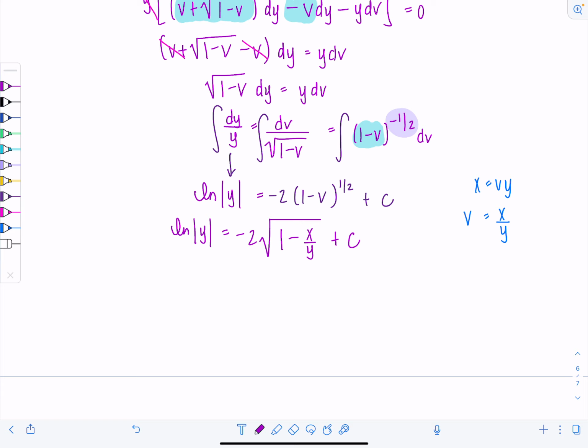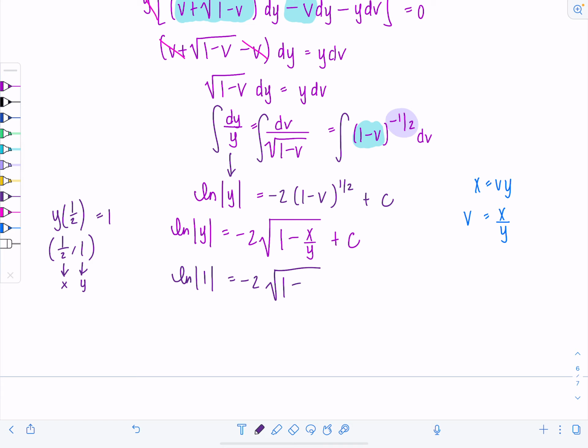I recommend solving for c at this step, and then we'll clean it all up in a second. So remember, they told us that y of 1/2 is equal to 1. So that means you're going to plug in 1/2 for x, 1 for y. So we have ln, absolute value of 1, is equal to -2 times rad 1 minus, this is 1/2 over 1, so just 1/2 plus c.